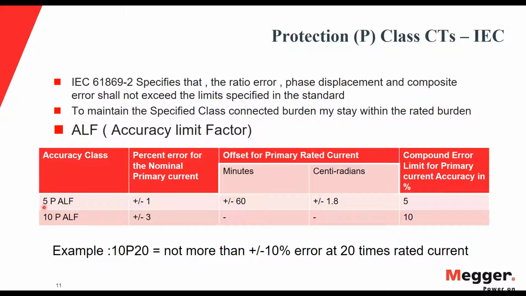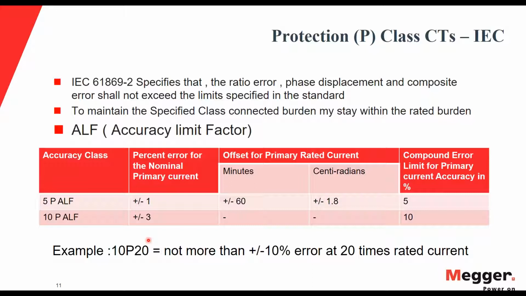There is no problem with that, but at the accuracy limiting factor, I should have plus or minus 5% at my defined accuracy factor. For example, if I say I have 10B20, it means I have plus or minus 10% error, but at 20 times my rated current. So when I have a CT that is 1000 to 1, at 20 times that, that's like 20,000 ampere or 20 kilo ampere.